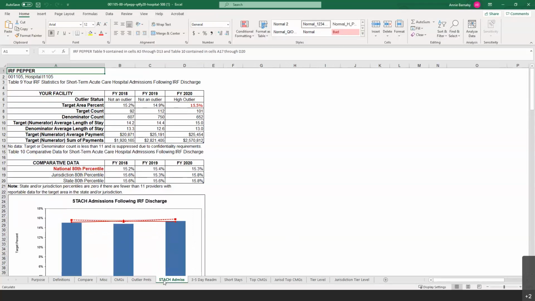The outcome percent for this facility did stay about the same in all 3 years. However, in 2020, that 15.5% fell above that 80th percentile line. So they are identified as a high outlier. We're provided with the same information that we saw on the CMG tab, the target area that we went through.